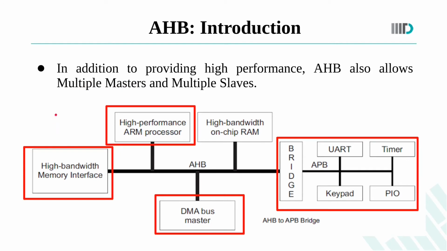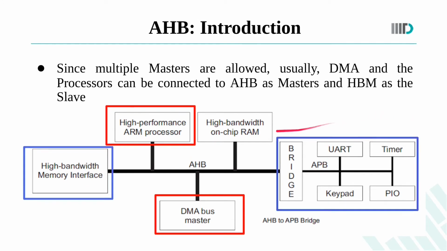And usually AHB is used as a system backbone connecting the high bandwidth memory, ARM processor, DMA, and on-chip memory, along with a bridge to connect it to the APB bus. AHB also allows multiple masters and multiple slaves to be served on the single bus.